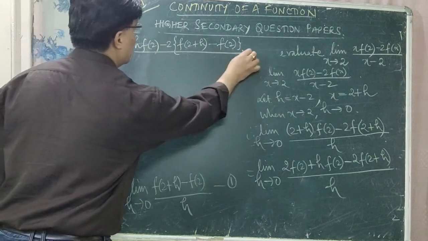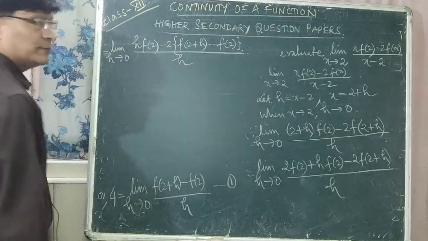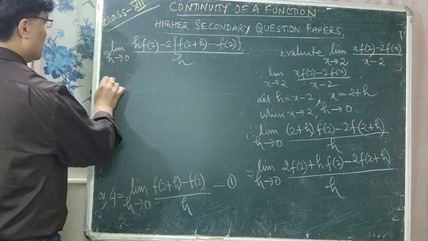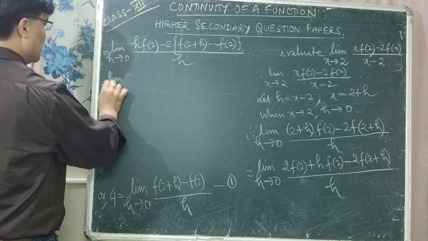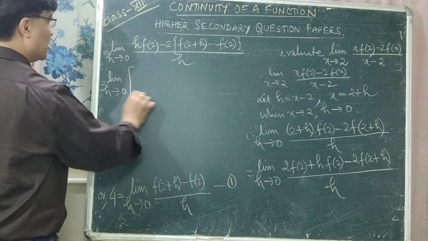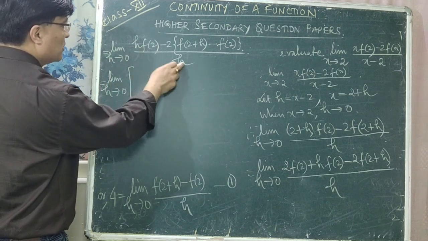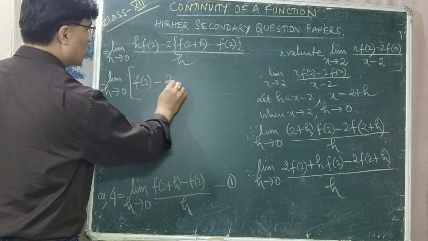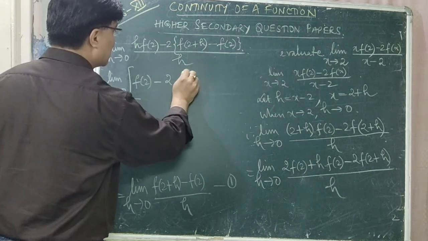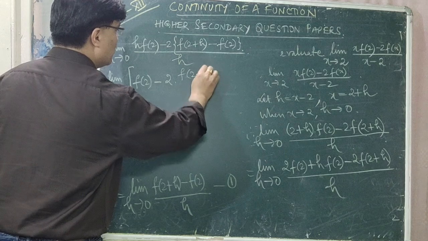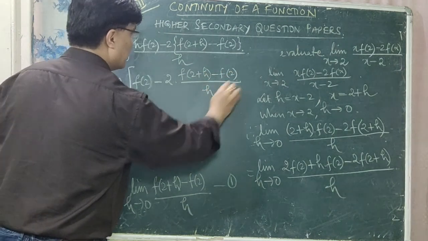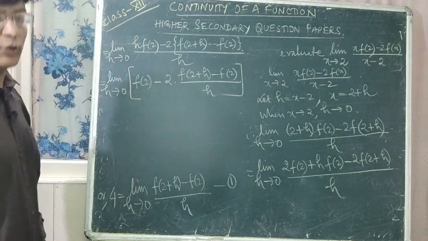So this whole thing divided by h. Is that clear? So you can separate the terms here. So limit h tends to 0, separate the terms: h f of 2 divided by h, that is your f of 2, minus twice into, you can separate it again, f of 2 plus h minus f of 2, this whole divided by h. Third bracket is closed.